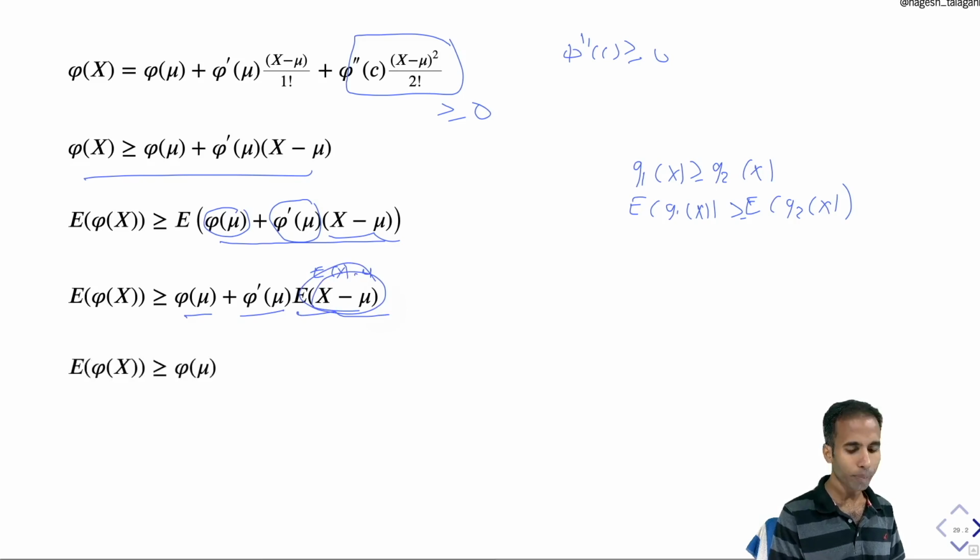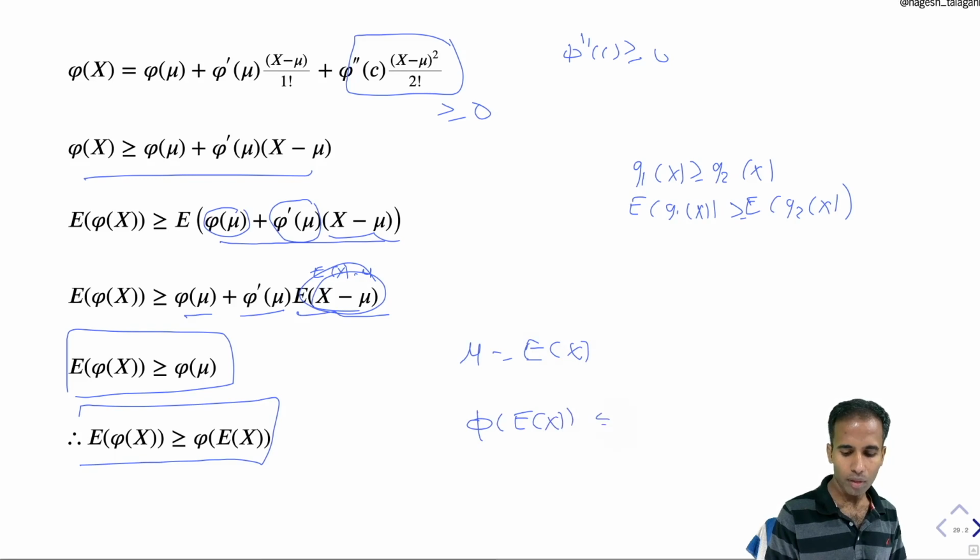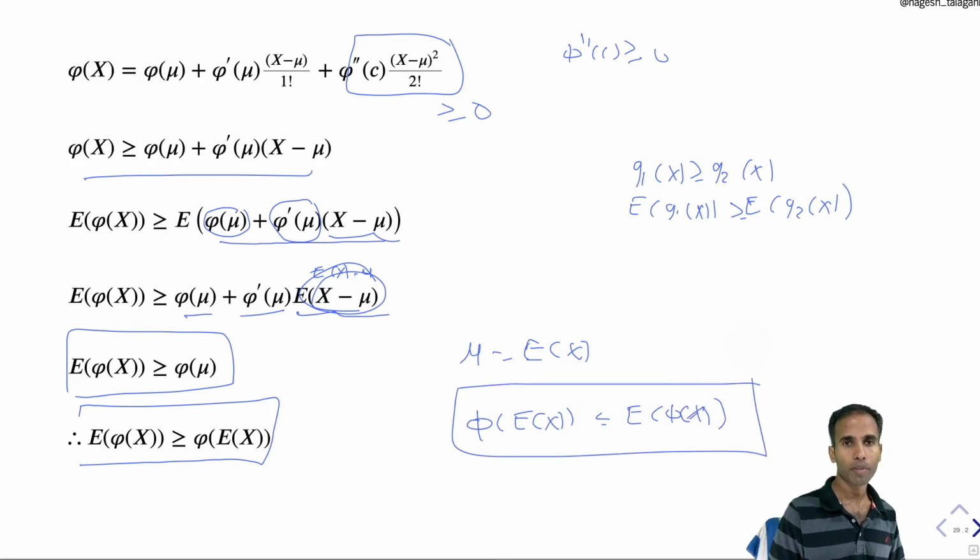So we have expectation of phi of x greater than or equal to phi of mu, and mu is what? Expectation of x, right? So expectation of phi of x is greater than or equal to phi of expectation of x. We can also write phi of expectation of x less than or equal to expectation of phi of x. This is Jensen's inequality.